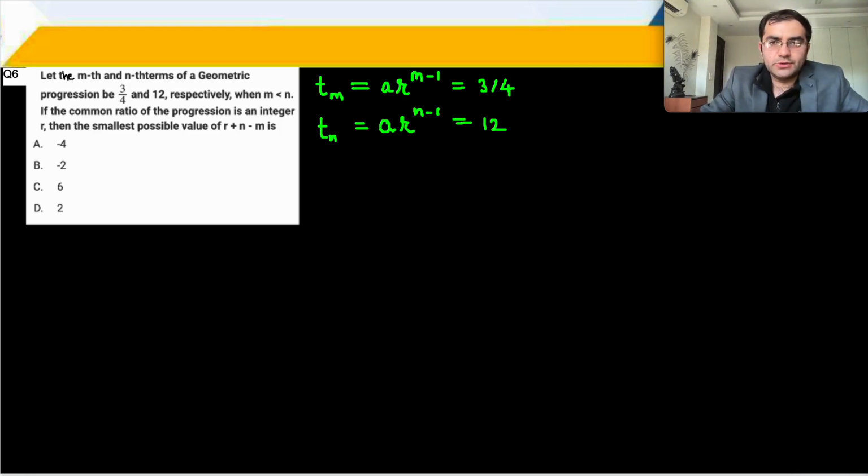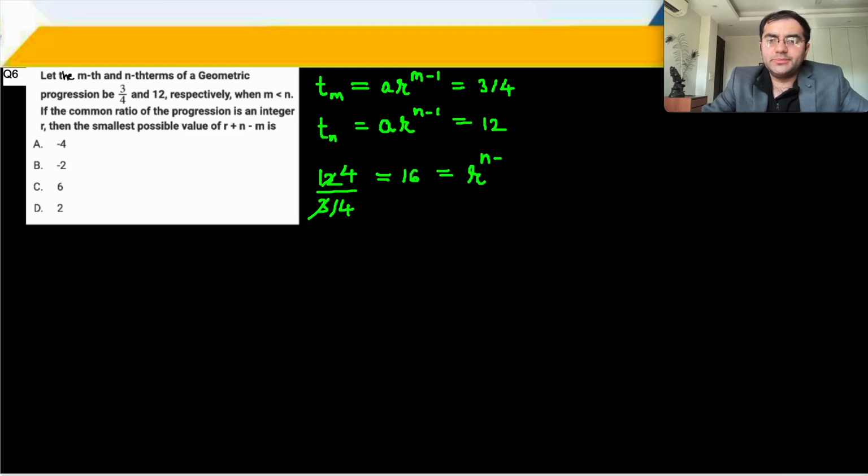So what I am going to do now is that I'm just going to divide these two particular expressions. 12 divided by 3 by 4. 3 gets cancelled, 4 times 4, 16. When I divide these two terms, I should be getting a 16. And when you divide the LHS, A will get cancelled over here.